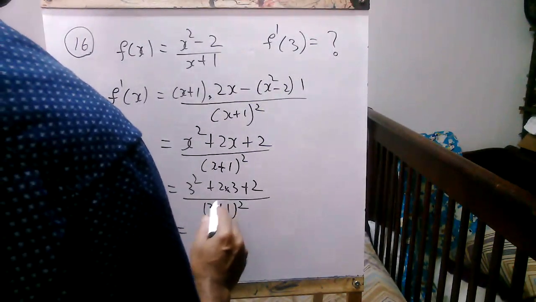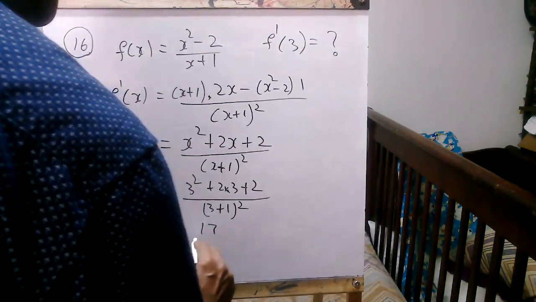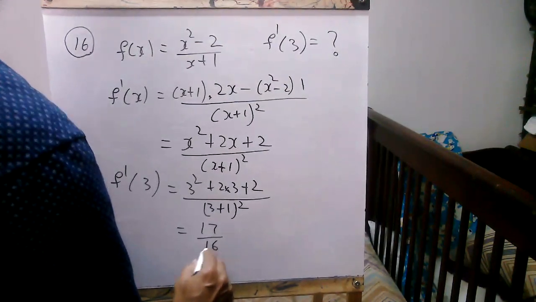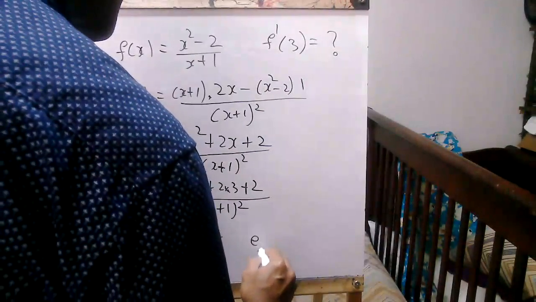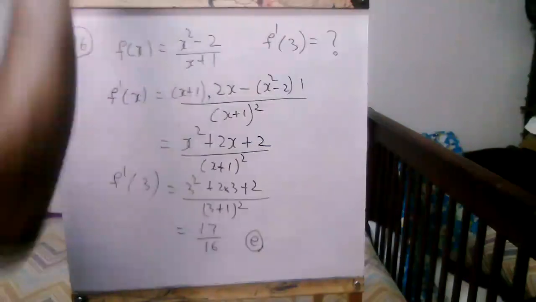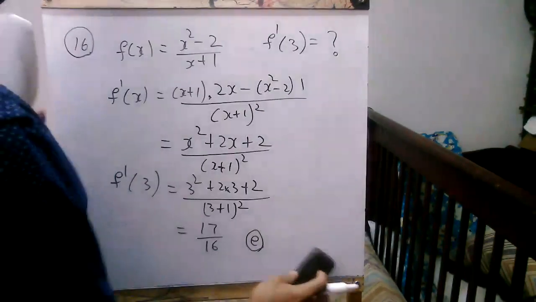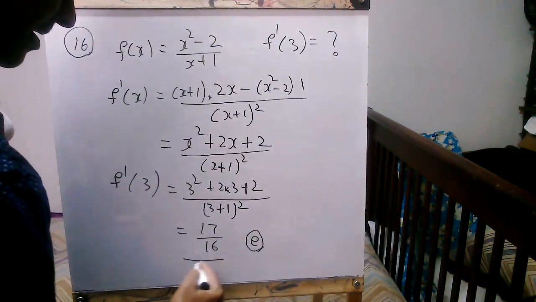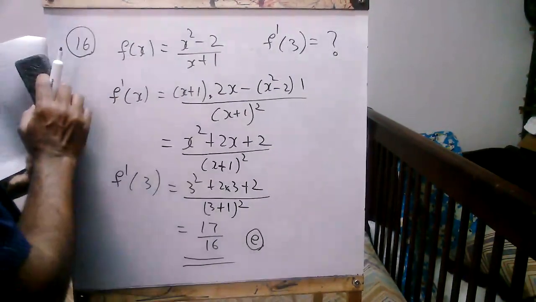This is 17 divided by 4 squared, which is 16. Answer choice E. Okay, 17 over 16. That's the answer.